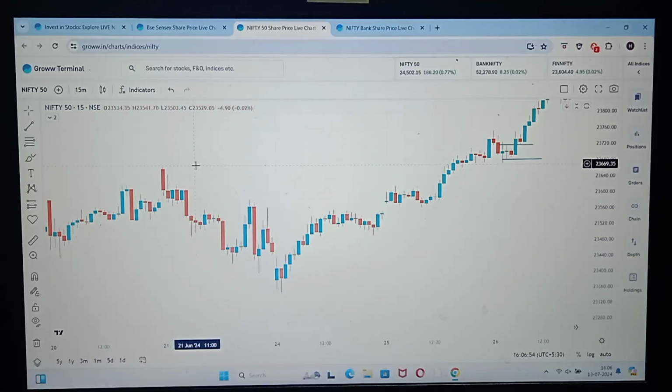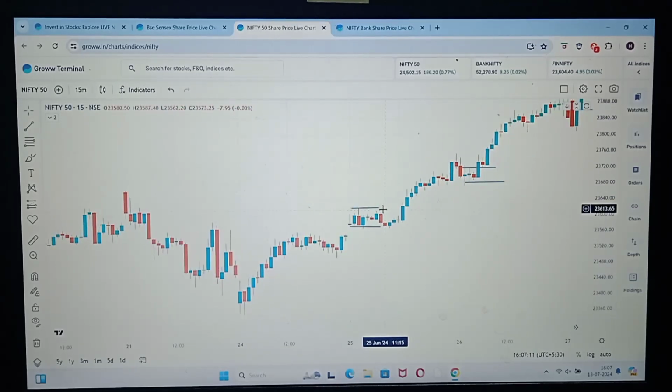Then you can see 25th of June, the third candle 9:45, a red candle, marking the high and low. Once a person masters this strategy, the profit he makes won't be less for him.